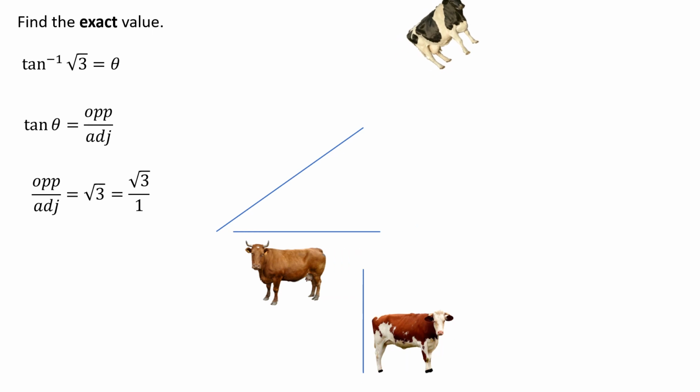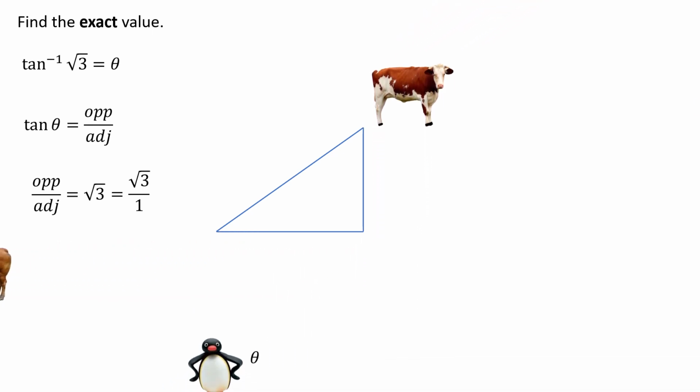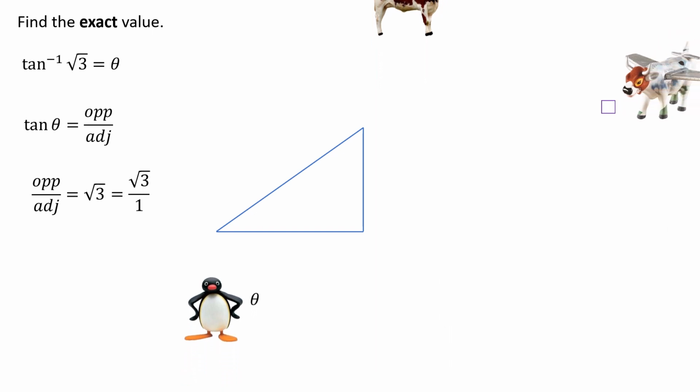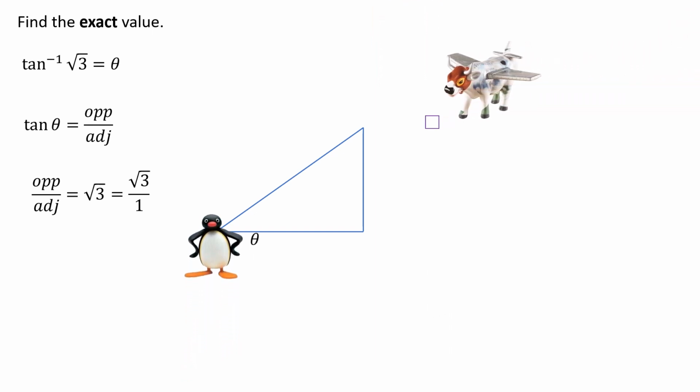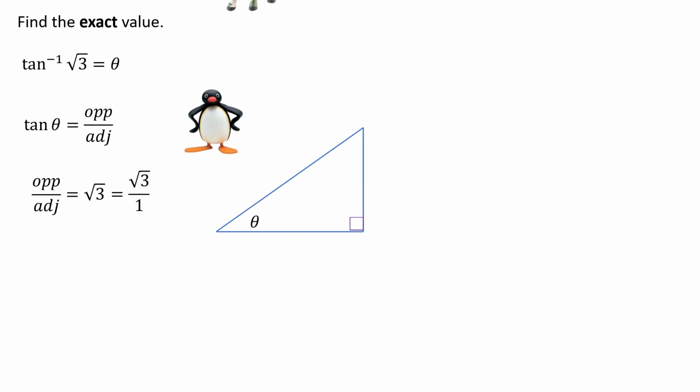And of course, our helpful cows are constructing a right triangle for us. Pingu is going to bring theta in for us, and the airplane cow just dropped the right angle for us. I need a right triangle, and I don't know anything about A, B, or C. We're looking for theta, so I just put theta in one of the acute angles.